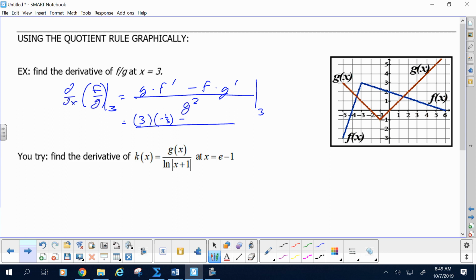Blue at 3 is 1. Below, g prime at 3. The slope of the g graph at 3 is 1. And over g squared, what is g at 3 again? 3 squared. So I get maybe negative 1 minus 1 over 9. So negative 2/9. What do you think?